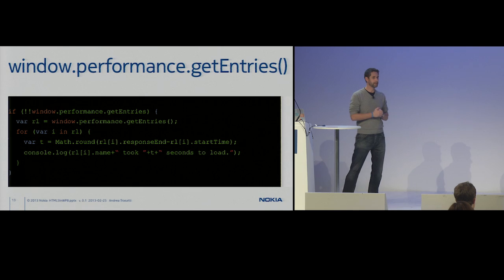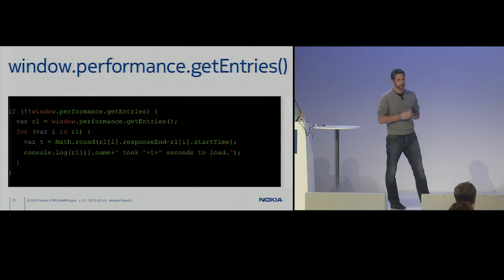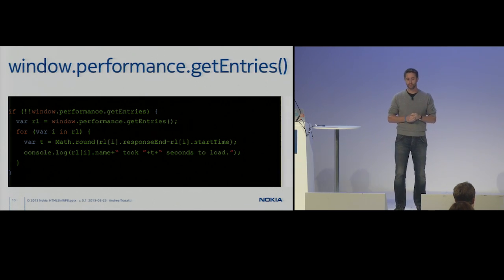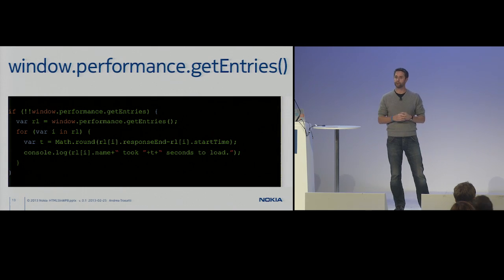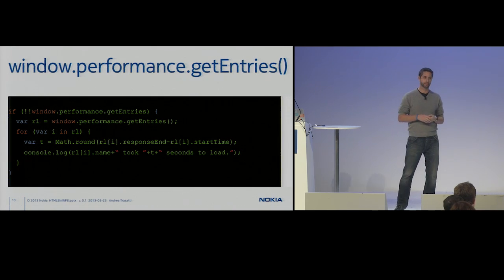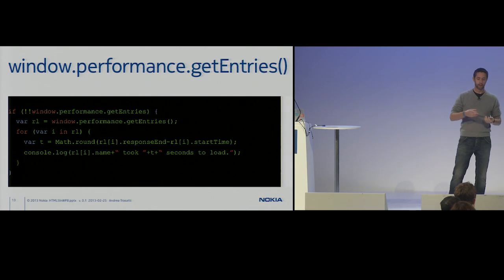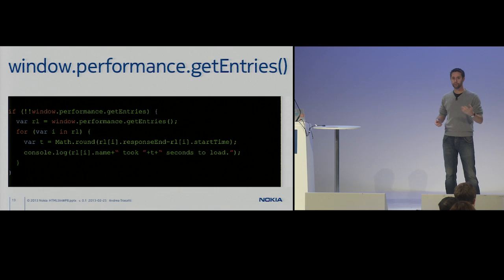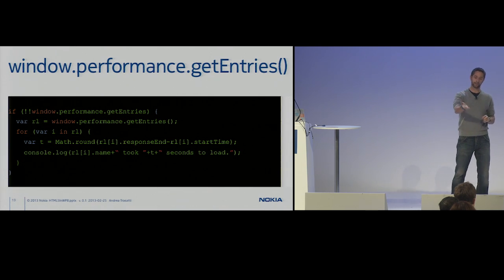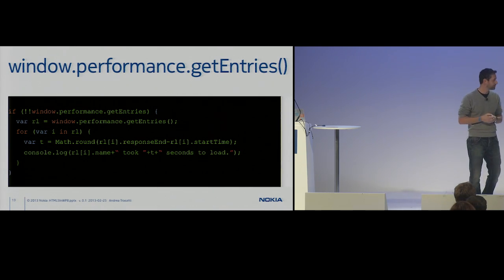Something that you should note is that for privacy reasons, the working group decided that some of the information about the files that the browser loaded might not be available to you. For example, you might not have access to the URL of the file. For most files like an image or a CSS, you will have the field name that you can see here in this example. That one will give you the URL to the image or to the CSS script.